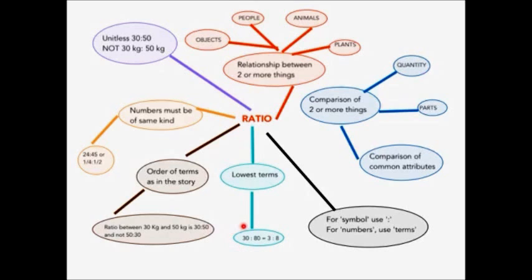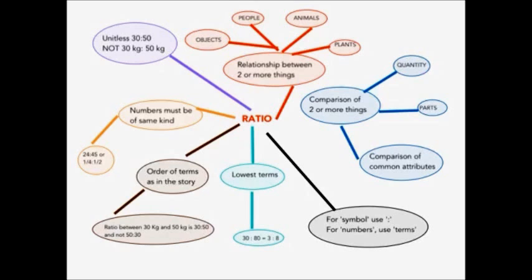Look here. The ratio between 30 and 80 is expressed as 3:8 because both 30 and 80 have 10 as their highest common factor, and when they are divided by 10, they become 3 and 8.